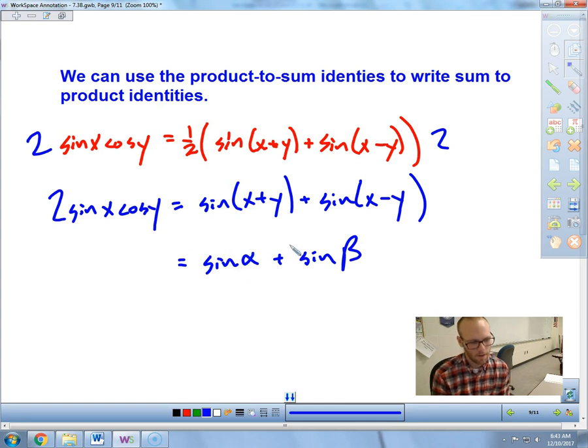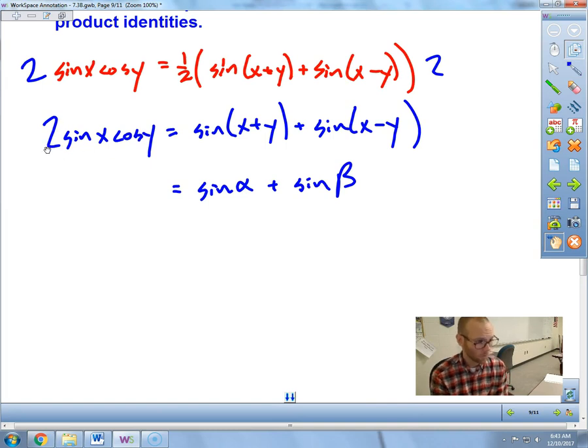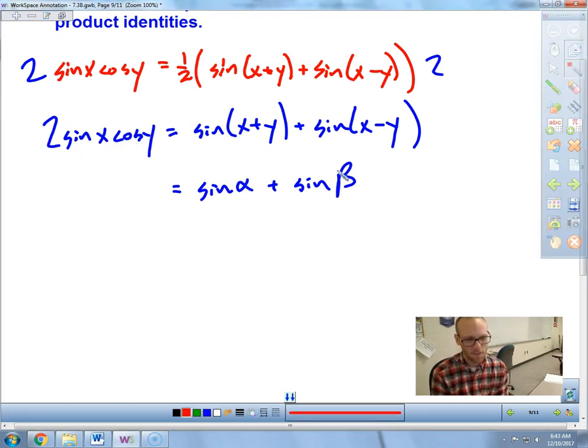If I have the sine of alpha plus the sine of beta, so I have the sum of the sines of two different angles, what does that equal? Well, we know this equals 2 sine of x cosine of y. Well, this now needs to have alphas and betas in it instead. We can't be sitting here and magically changing this alpha to an x or this beta to a y.